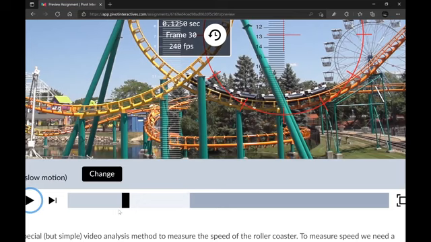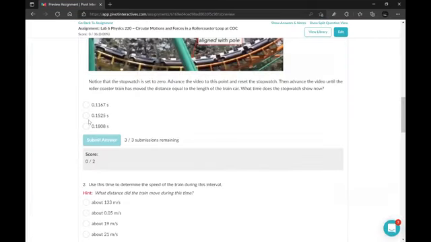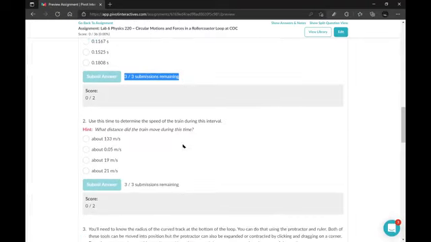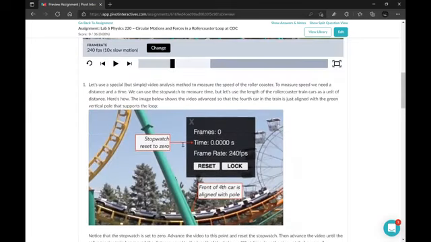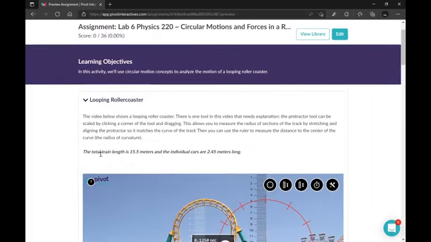Then you go down and choose which one of those numbers is much closer. You have 3 submissions. That means the goal here is to make sure that you're doing it correctly. Somewhere over here, it tells you the length of one car. It says the total train length is 15.5 meters, and the individual cars are 2.5 meters long.